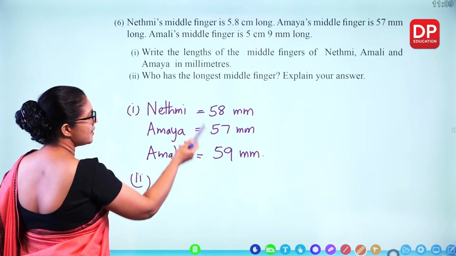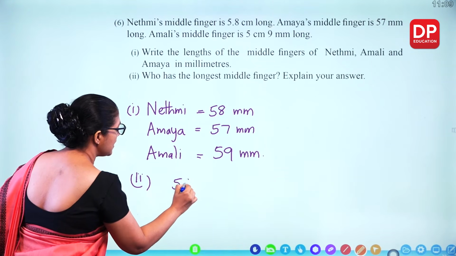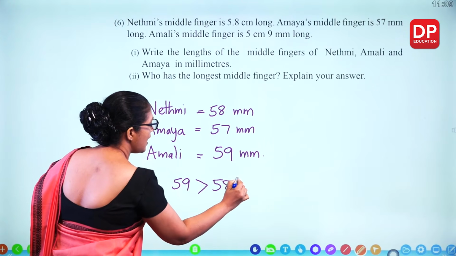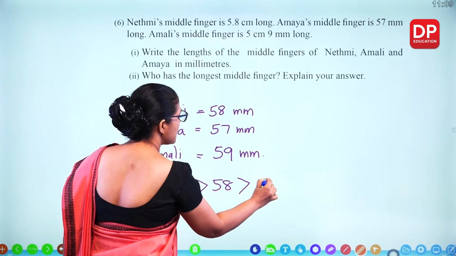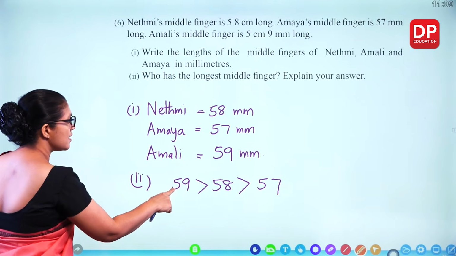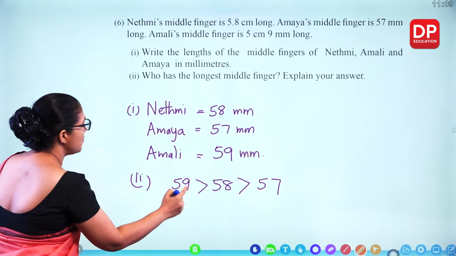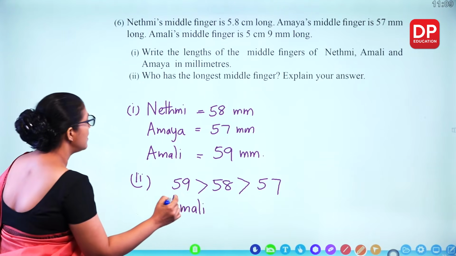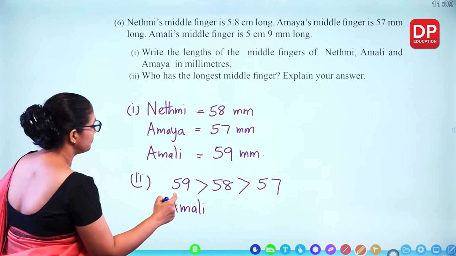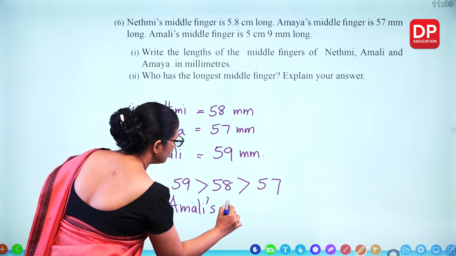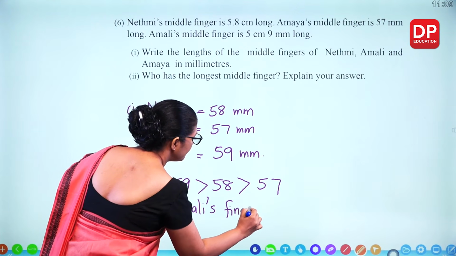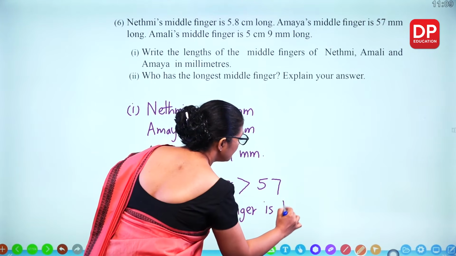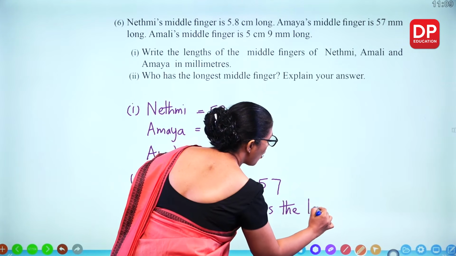When you compare these, 59 is larger than 58 and larger than 57. 57 is the smallest. So 59 means Amali's middle finger is the longest.